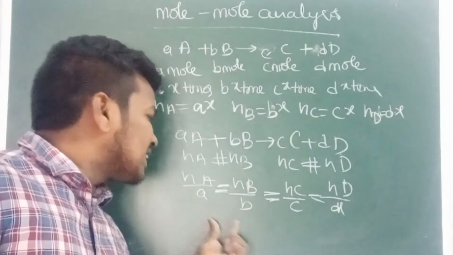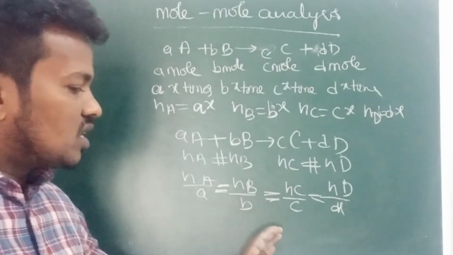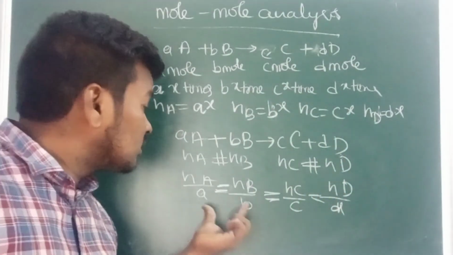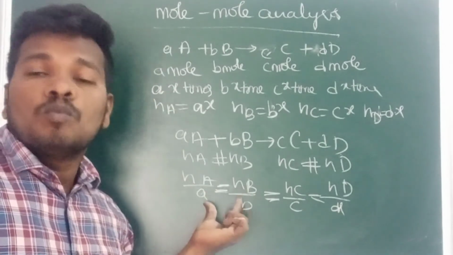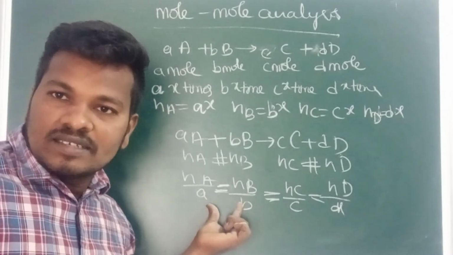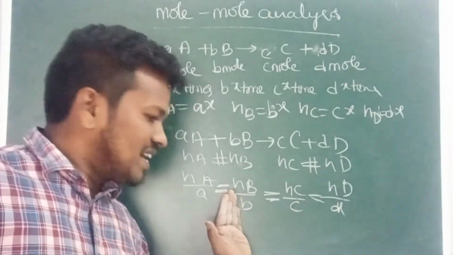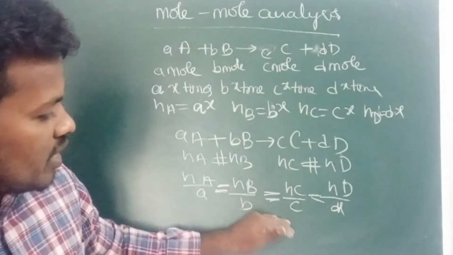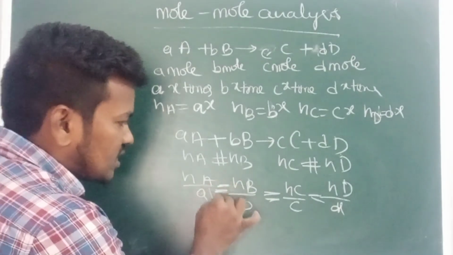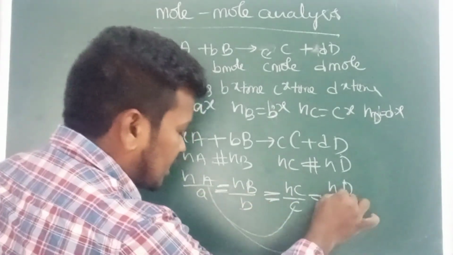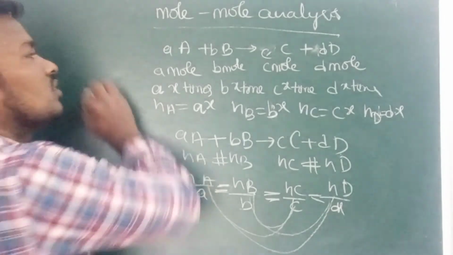When the quantities are equal, both reactants are 100% reactants and the reaction goes to completion, because these are equal quantities. That means we can equate like this: Na with Nc, Na with Nd, and so on. But every time it is not possible.